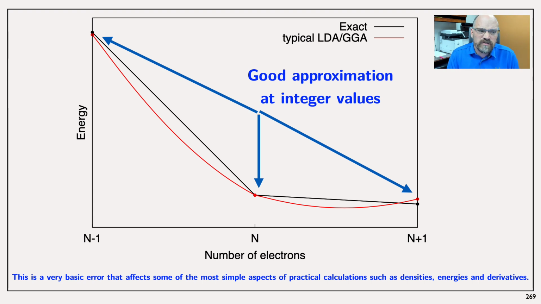It turns out that if you were to look at what happens for a fractional number of electrons, they are continuous. So the function is continuous. Of course, the black function is continuous too, but the first derivative is not. If you calculate the derivative of the black line on the left of the central point or the right of the central point, they are not the same.